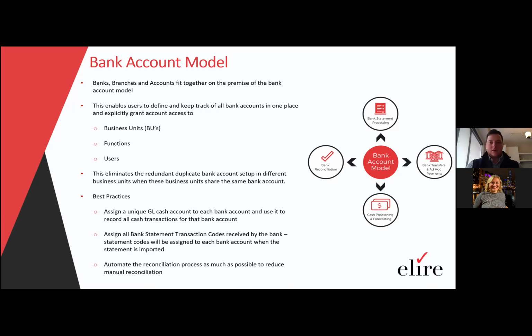We're able to grant access to all of our bank account information, whether it's to a specific business unit or different functions inside of the application. So if it's specific to AR or payables or payroll, we can grant specific access to those business units or bank accounts. We're even able to give user specific access to that. All that's contained in this singular bank account model that Oracle preaches.